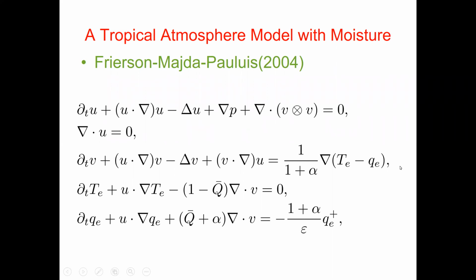TE minus QE is the original temperature, so TE is not like the temperature. There is a contribution from the moisture to the temperature. As we know, when it rains or when the moisture condensates, it releases heat. And this is the equation for the moisture, which is again with the precipitation taken into account. So this is the model that one would like to understand and investigate.